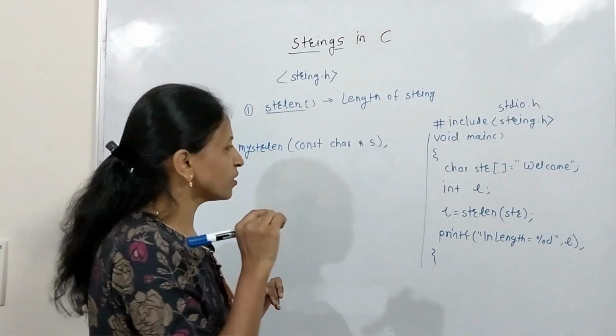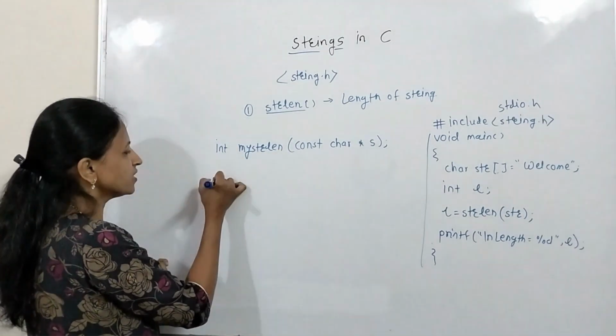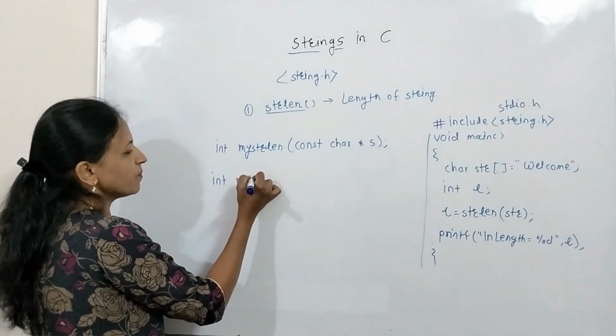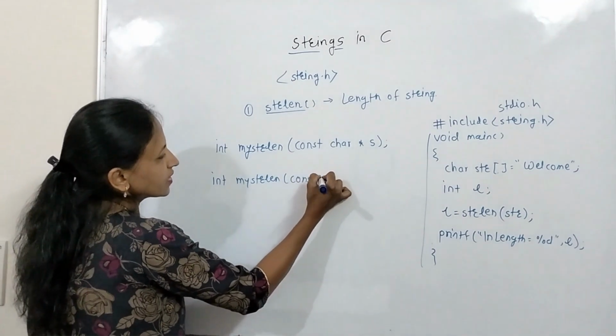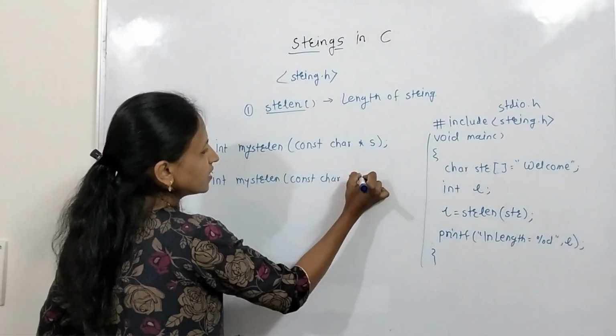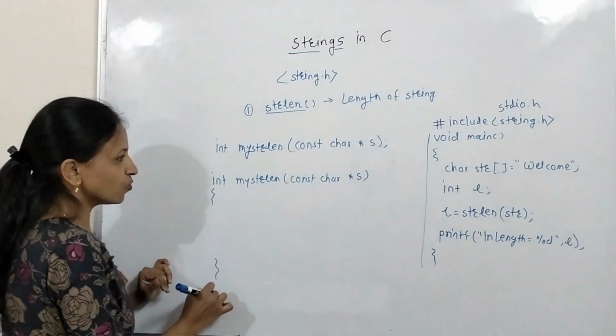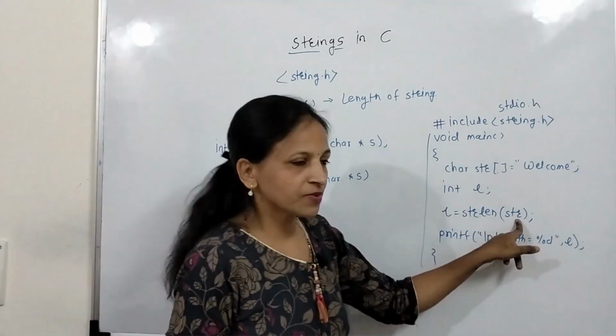Now I want to write my own function definition. Same way, int mystrlen, then const char star s, and here I have to write code to calculate the length of this string.